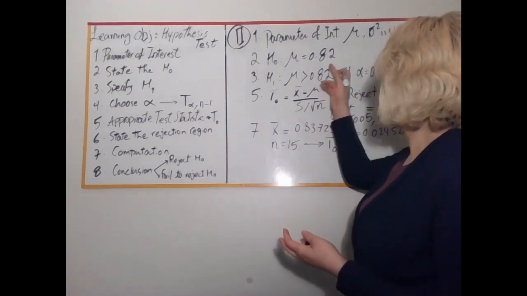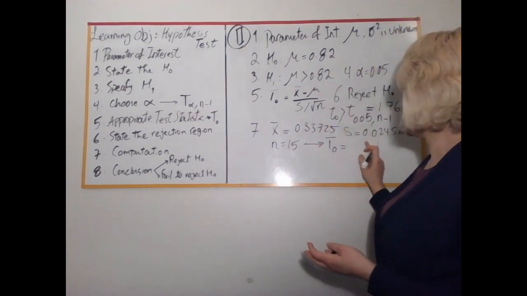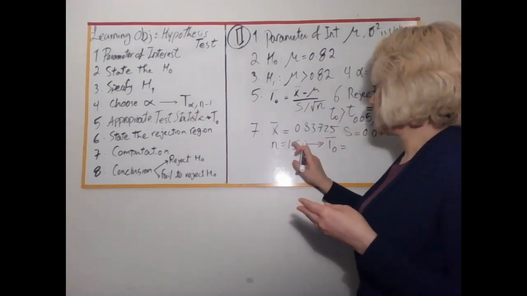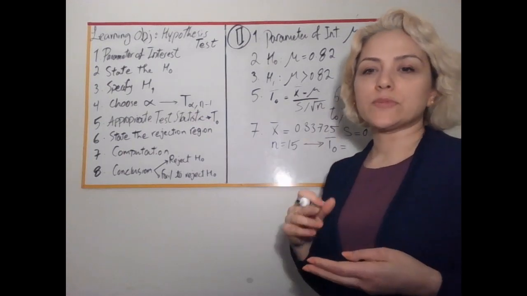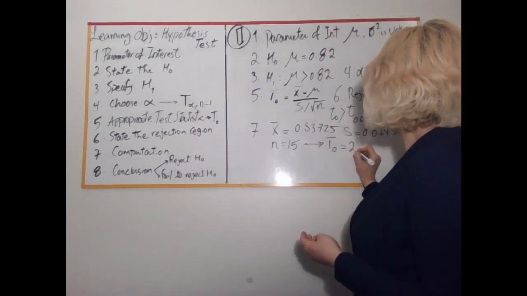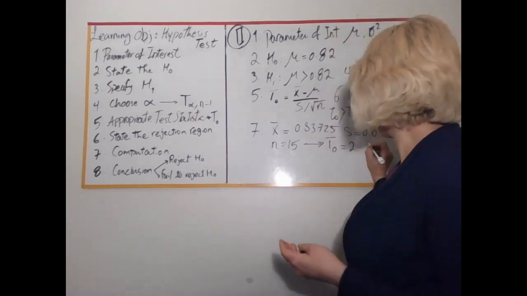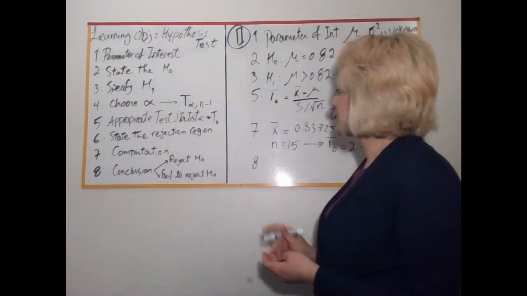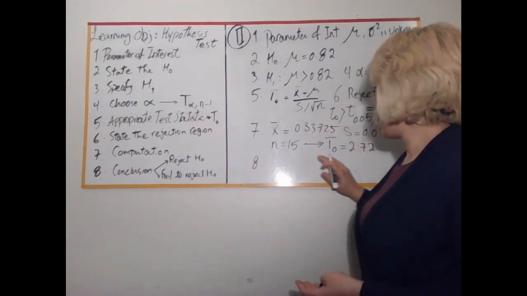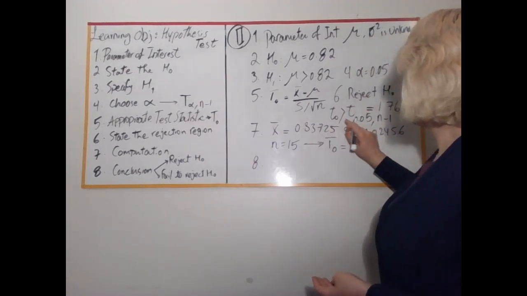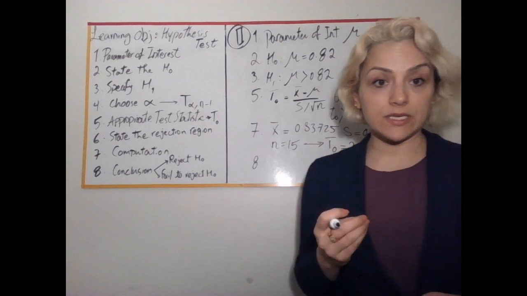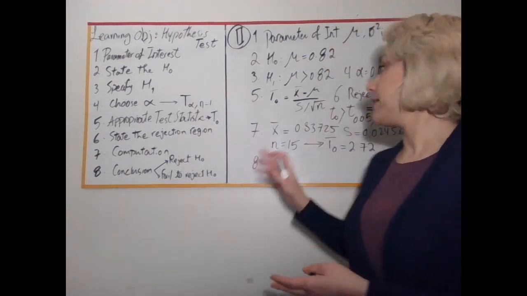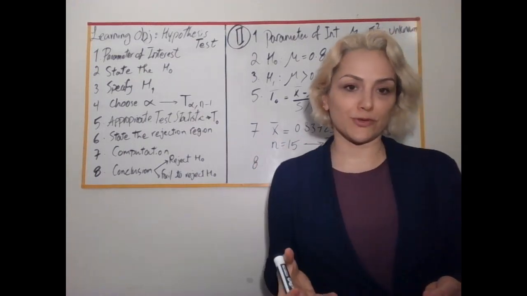So the value for t null is going to be equal to 0.83725 minus 0.82, divided by 0.02456 over square root of 15. So the amount is going to be 2.72. Step number 8 is that we want to compare the value of the t null with the value of the t from the table for alpha of 0.05 and n minus 1, which was 14, right?